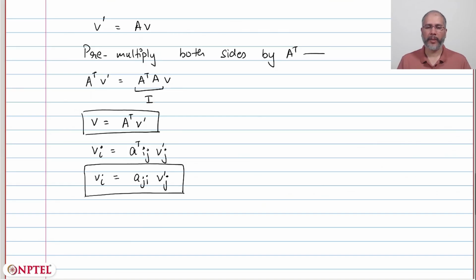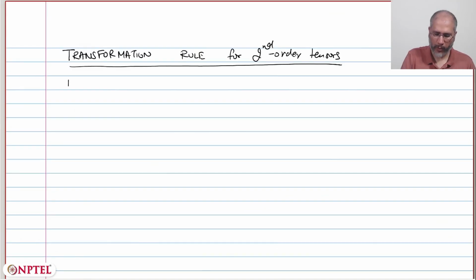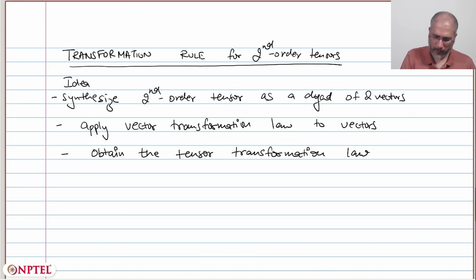Now that we have the transformation rule for vectors, the next step is to get the transformation rule for second order tensors. So the idea we'll be using is the following. Till now we know the transformation rule for vectors.